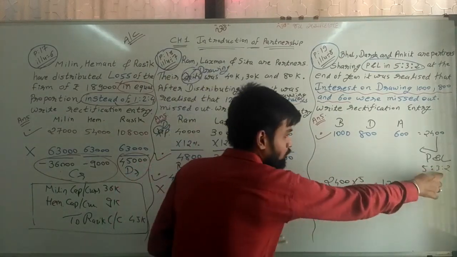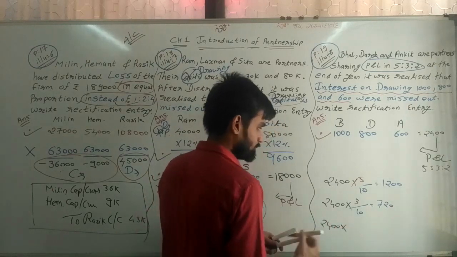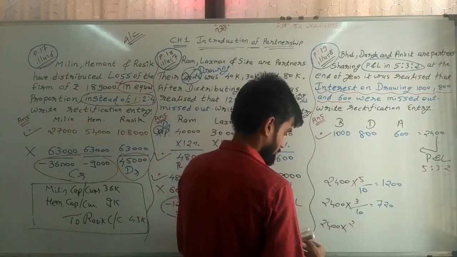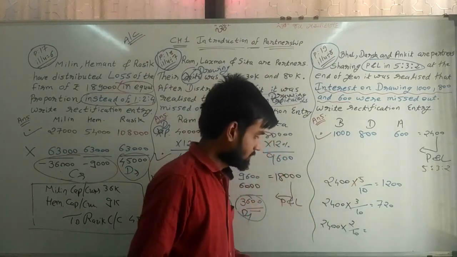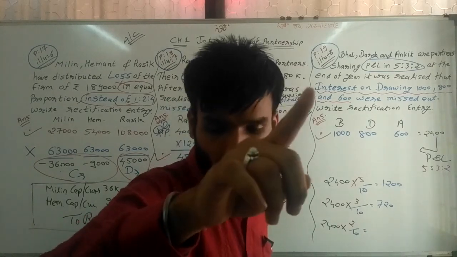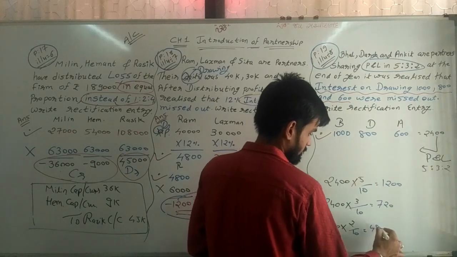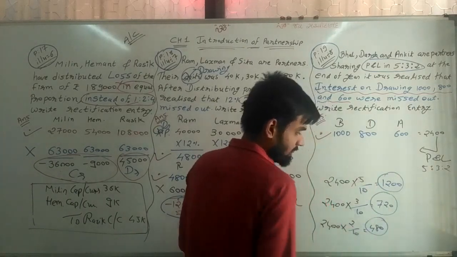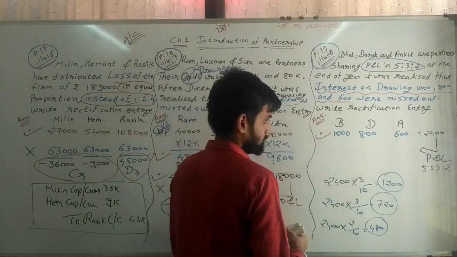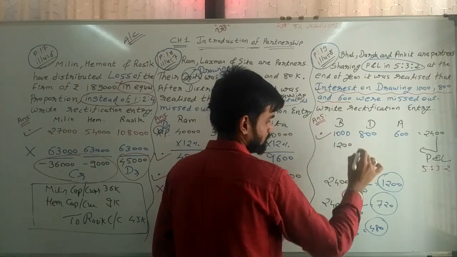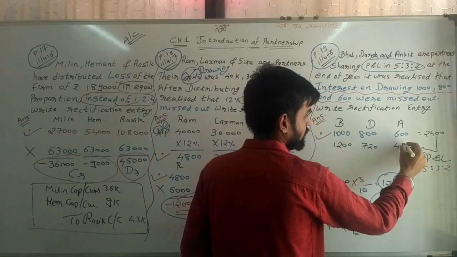And last one for 2, 2400 into 2 divide by 10, then 480 rupees. So these are the P&L ratio distribution. So we are writing 1200, 720 and 480.